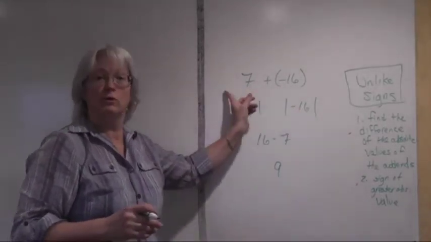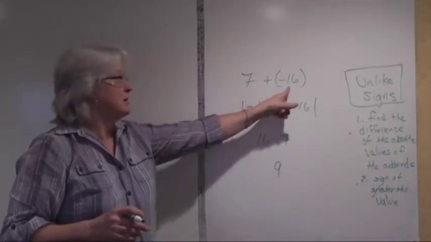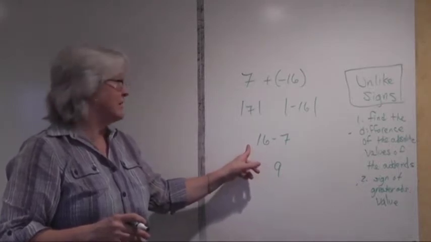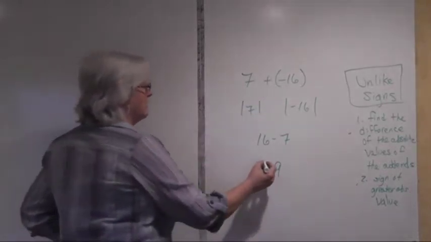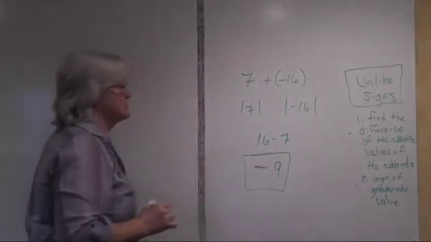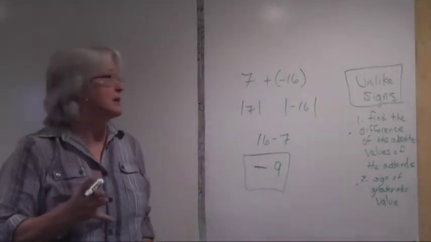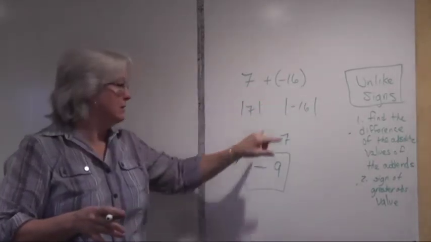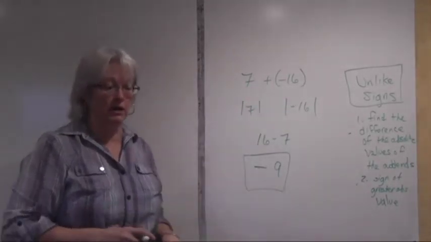Look at our two original addends. -16 has the larger absolute value, so we use the sign that has the larger absolute value, and our sum of 7 and -16 is -9.